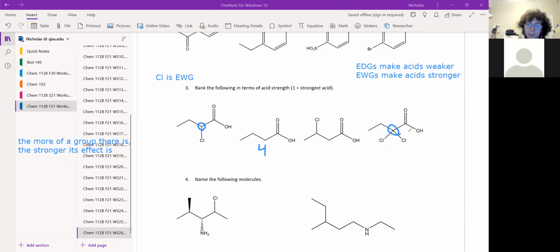So the one with 2 chlorines has more withdrawing groups, so it has a stronger effect. That's why this is the strongest acid, because it has more withdrawing groups. And then when you're comparing the last 2, the further away a group is, the weaker its effect is. Yeah, the one in the alpha position is stronger than the one in the beta, because the farther away it gets, the less pull it has basically. So then this is stronger than this. I'll also write that down.